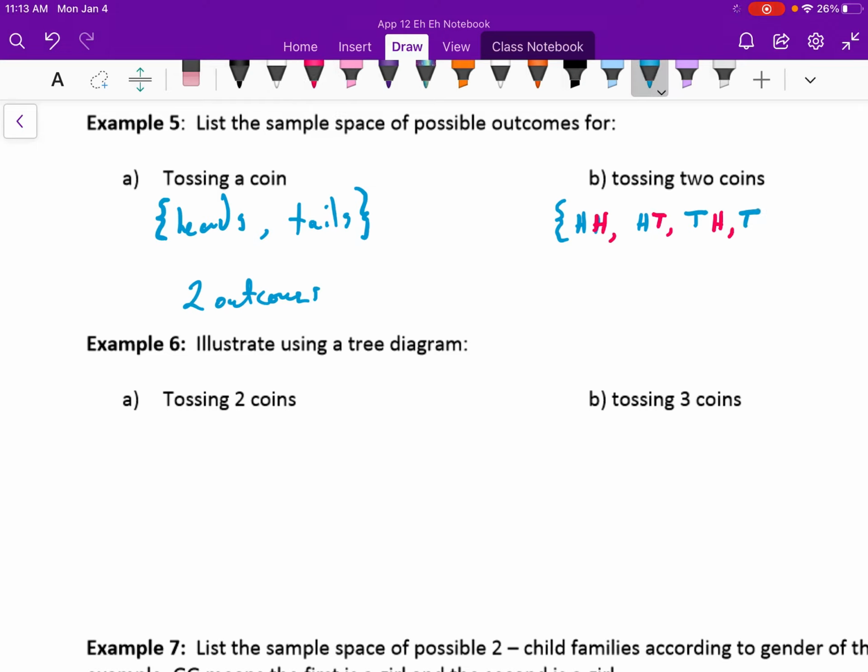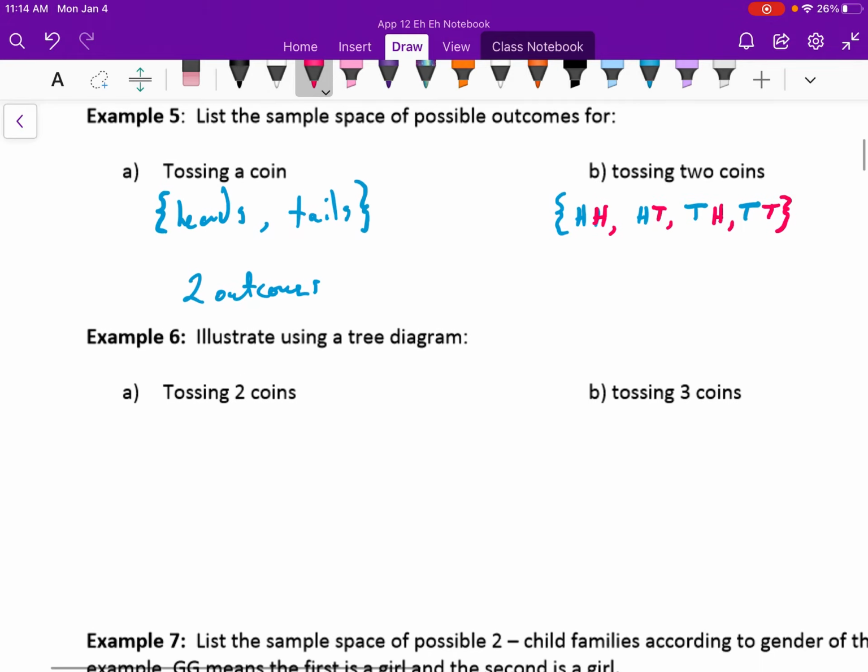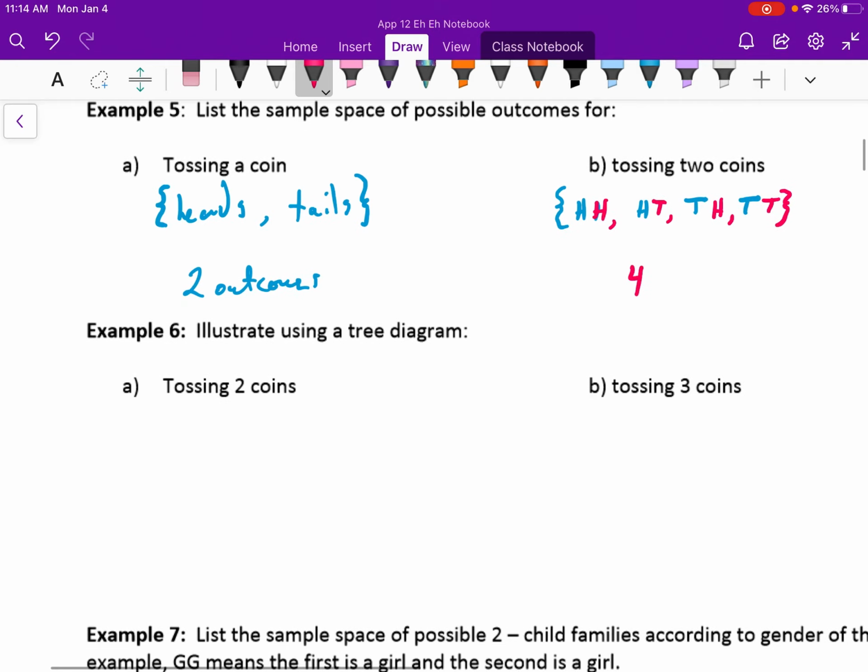First coin I could toss a tails, and the second coin I could also toss a tails. So really those are the four outcomes of tossing two coins: heads heads, heads tails, tails heads, tails tails. So here we notice that there are four outcomes. Now I treat these two as different outcomes, and that's really important.